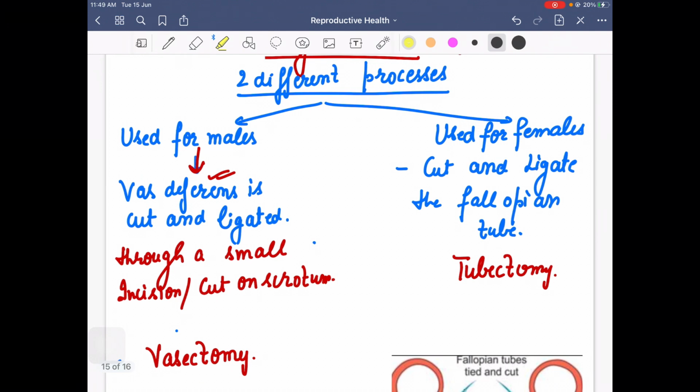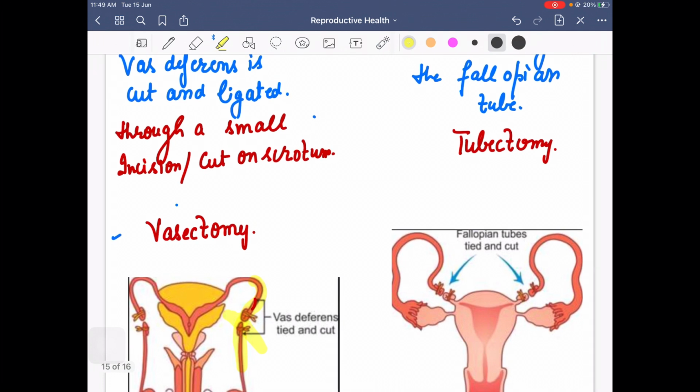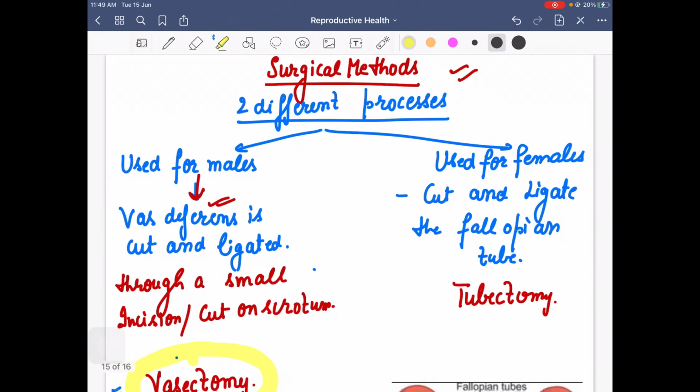But otherwise, to prevent pregnancy, what we doctors do is cut this vas deferens that you can see, and then tie a knot, they ligate it separately. So this helps to prevent unwanted pregnancy. This procedure is known as vasectomy, right.